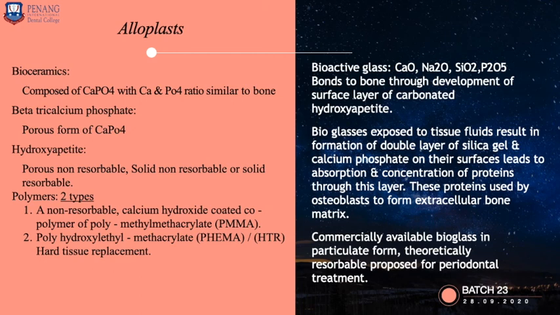When the alloplast or xenograft resorbs, at the same time the osteoblast will replace it with regenerative bone. Other materials like bioactive glass are non-resorbable graft materials which are used as an inert filler for the site. If we want to fill the site and don't expect any better regeneration, then we can use this non-resorbable material so that it will stay in that place for a longer time.